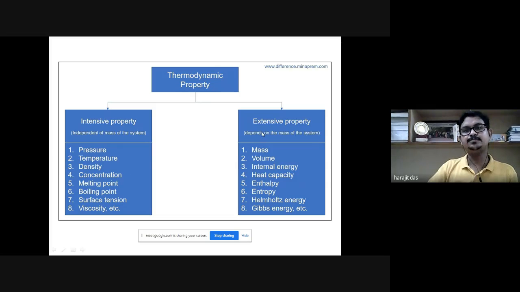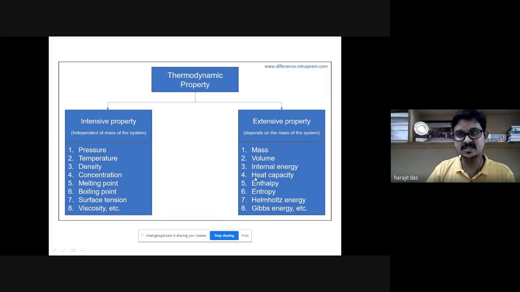Then extensive properties. I have told you these extensive properties are influenced by the mass of the system. If you change the mass of the system, the property will automatically change. So mass is also an extensive property. Volume is also influenced by the mass, so it is dependent on mass.